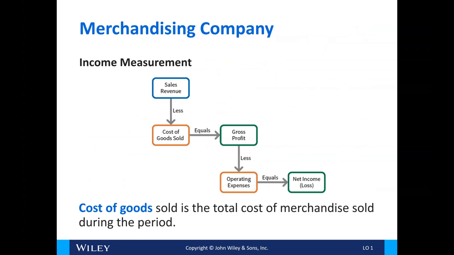All right, so we have sales revenue, and this is going to introduce one other concept of the multi-step income statement. Before, what we've looked at has just been revenue less expenses equals net income. We're going to expand that. For a merchandising company and a manufacturing company, you have sales revenue and then you have cost of goods sold, and it equals gross profit. That's a very highly watched number.